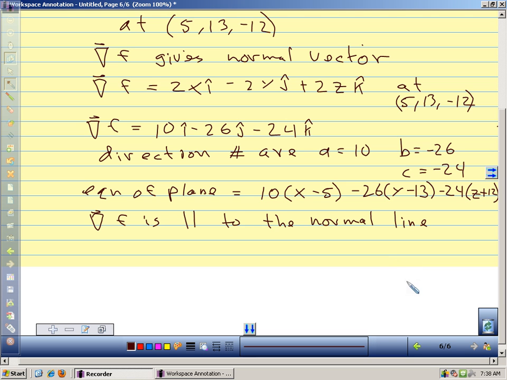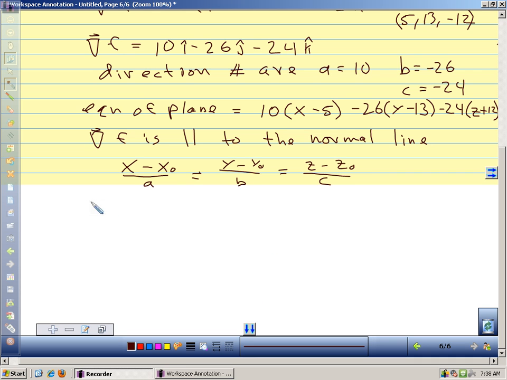Do we remember what symmetric equations of a line look like? x minus x0 over a equals y minus y0 over b equals z minus z0 over c.